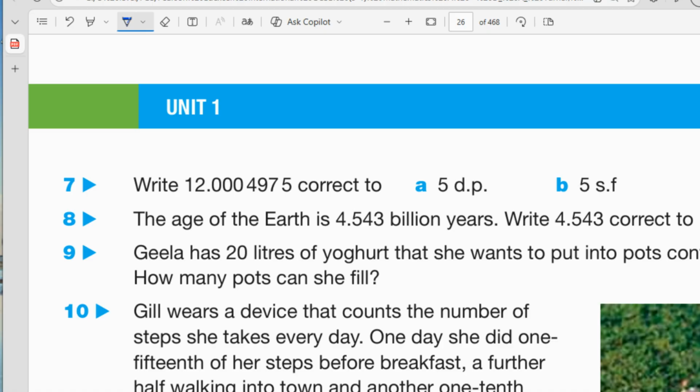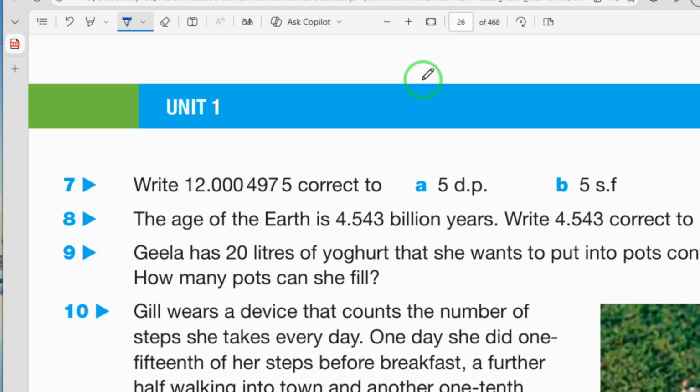Question number 7 said that write 12.0004975 correct to part A 5 decimal places, and part B 5 significant figures.